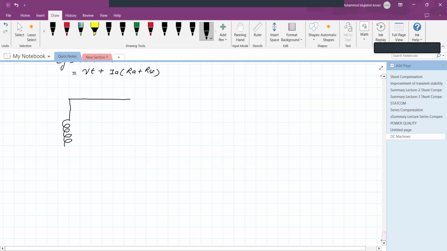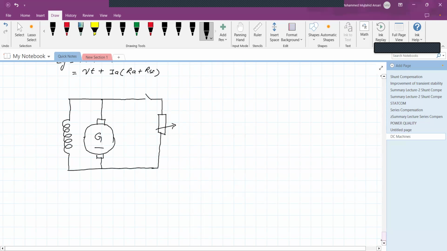So this is the field winding, the armature, and here is the load. We are using a switch. Again, the load is variable, depending upon the application. So this indicates a variable sign.